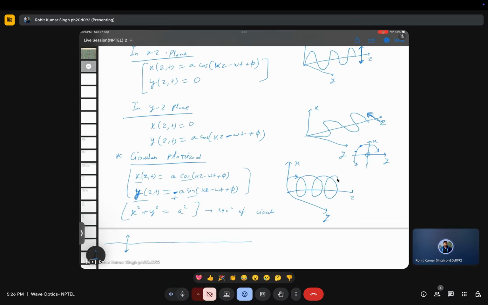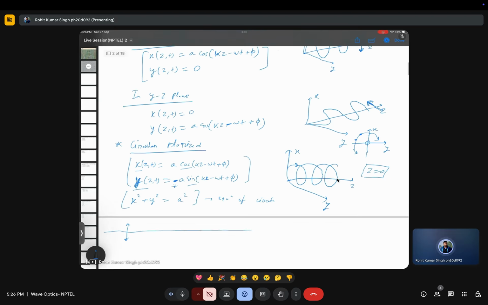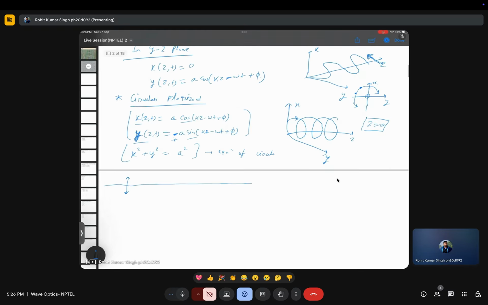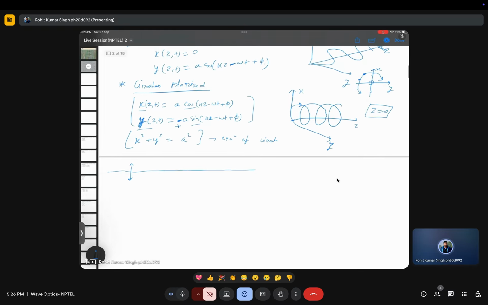The plus or minus determines it. You can fix z equal to 0 and then check for different times. We will do these calculations later.